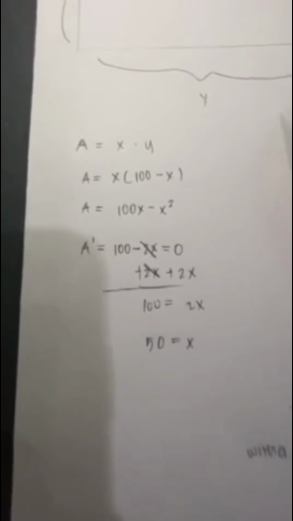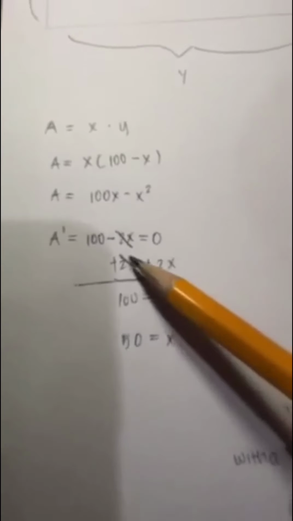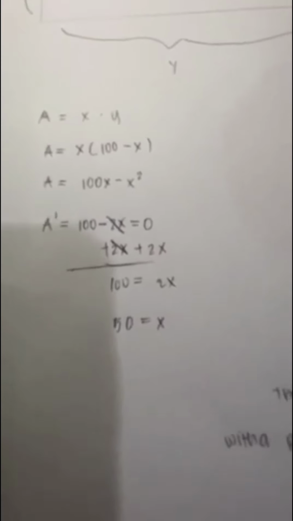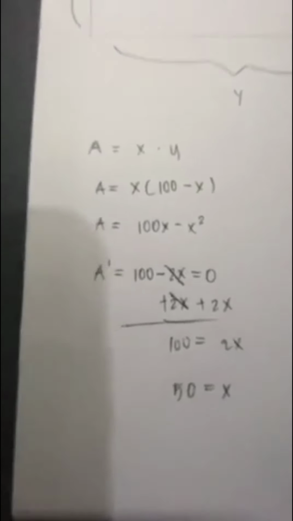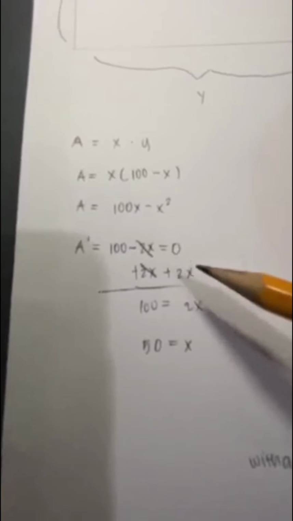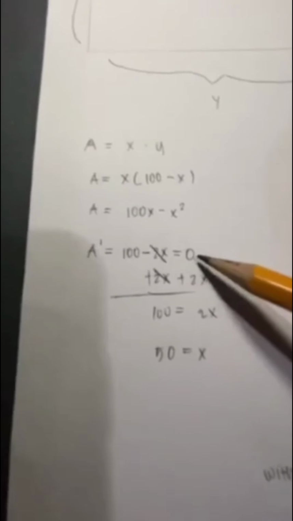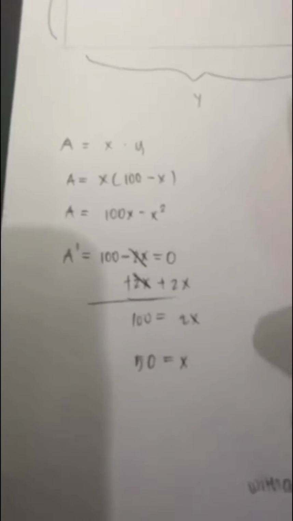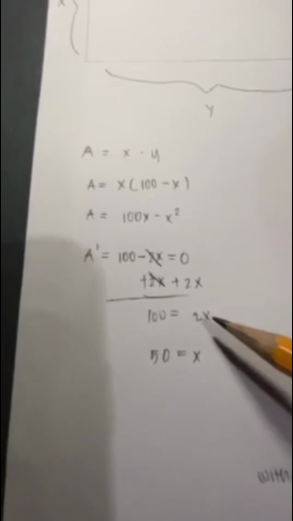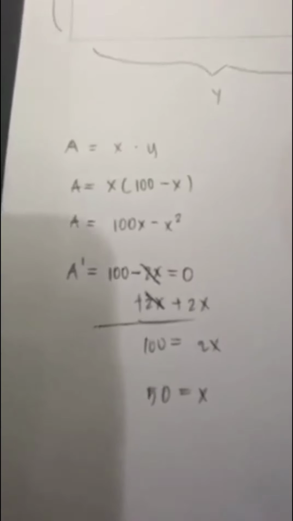Let's solve for x. We can write down 2x directly, since it is 0 above that quantity. So 100 equals 2x, which is simply 50 equals x.